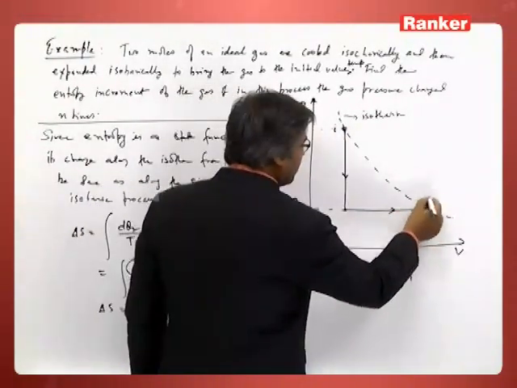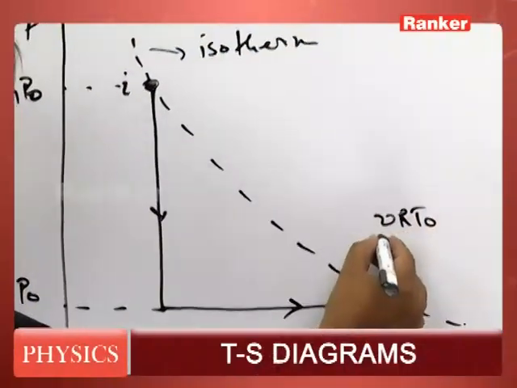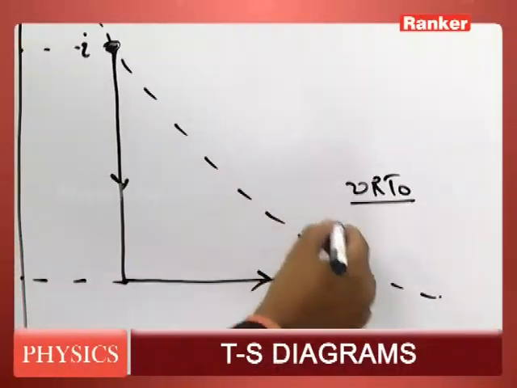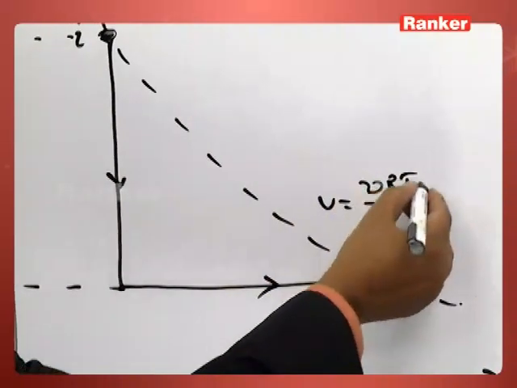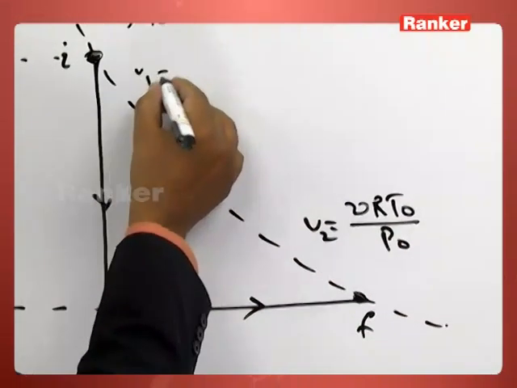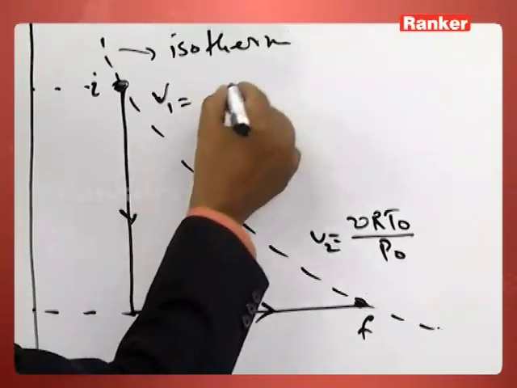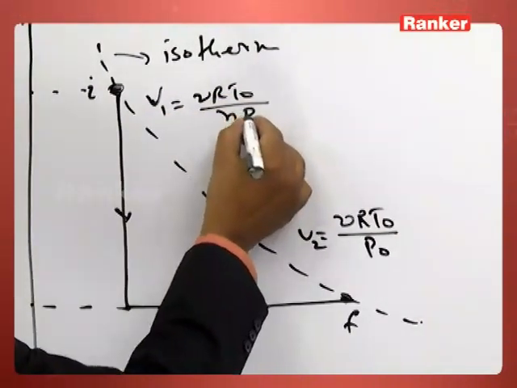Here V is equal to nu R T by pressure. So V2 is nu R T naught by P naught, and V1 is nu R T naught by N P naught.